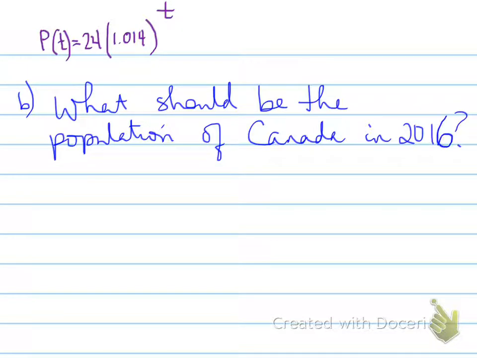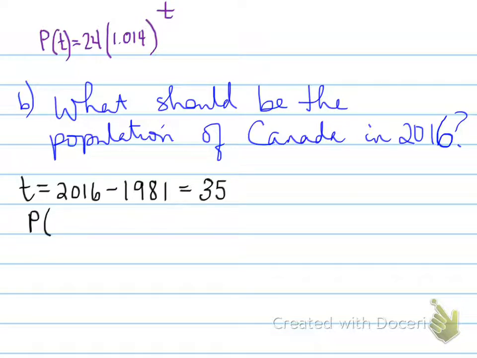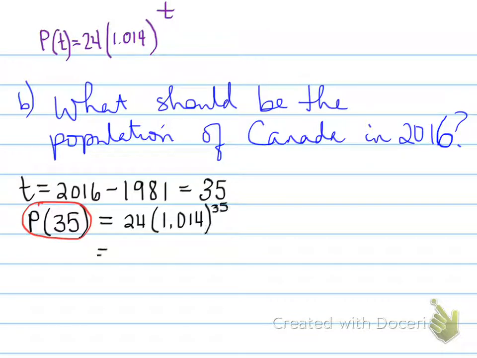Let's find out. Well, T will have to be 2016 minus 1981, and that equals 35. So it's been 35 years since this formula was calculated. That means that P at 35 is equal to 24 times 1.014 to the power of 35.